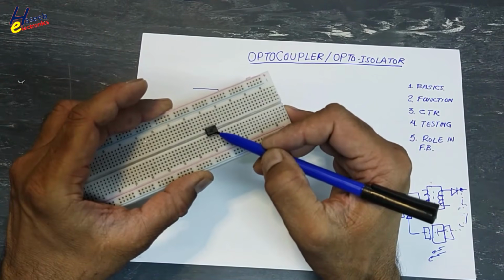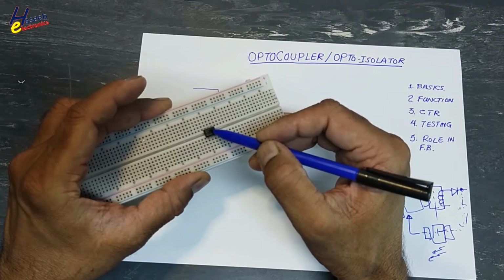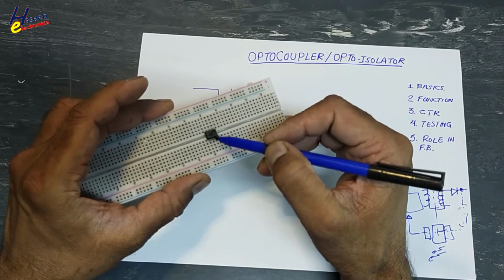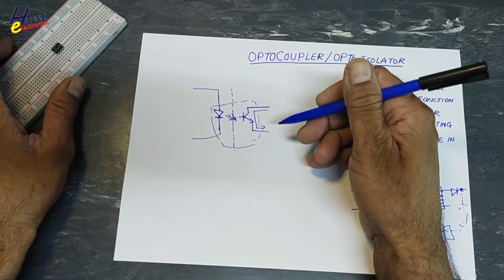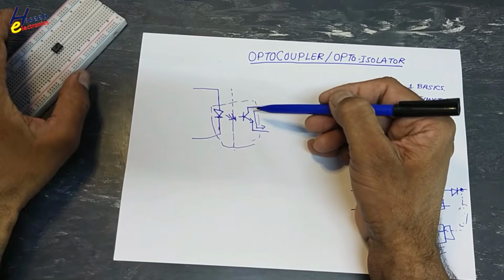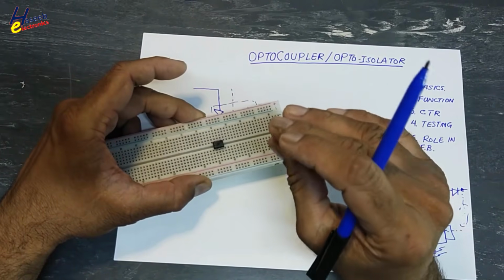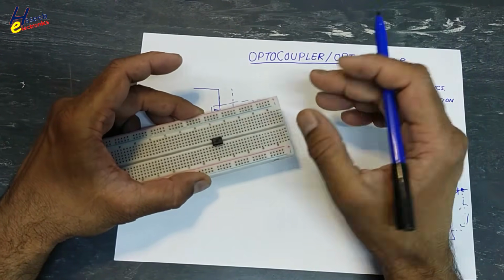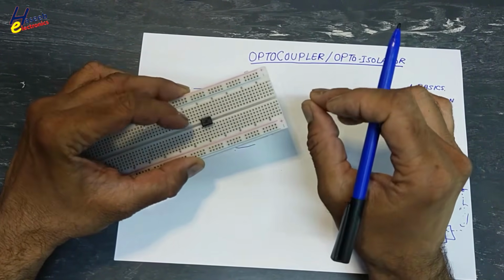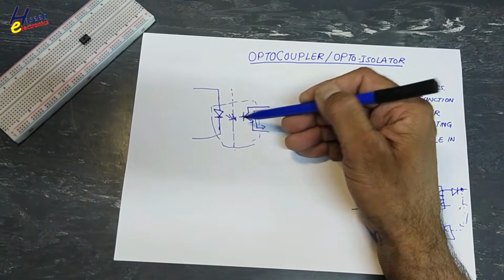In this chip, one side is an LED, or we can say IRED, and the second side is a phototransistor. It will receive light, because there is no other source of light, since it is encased in black epoxy, so it is totally dark. It will receive light only from this diode.